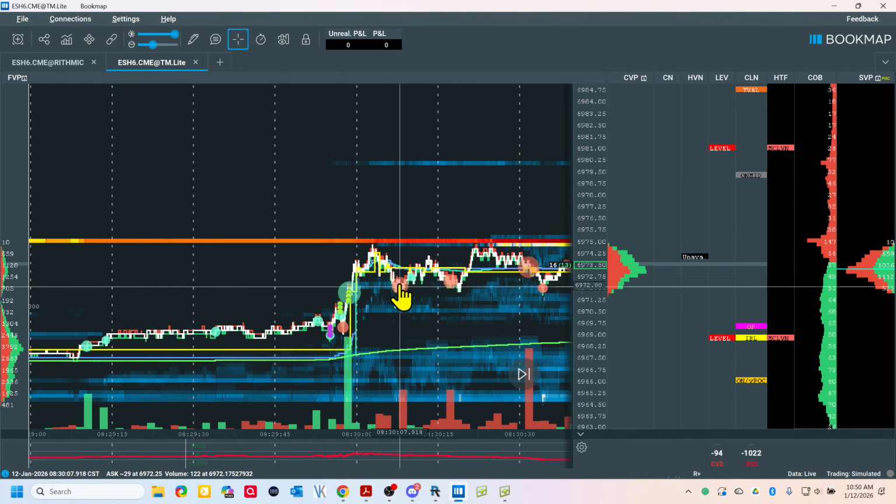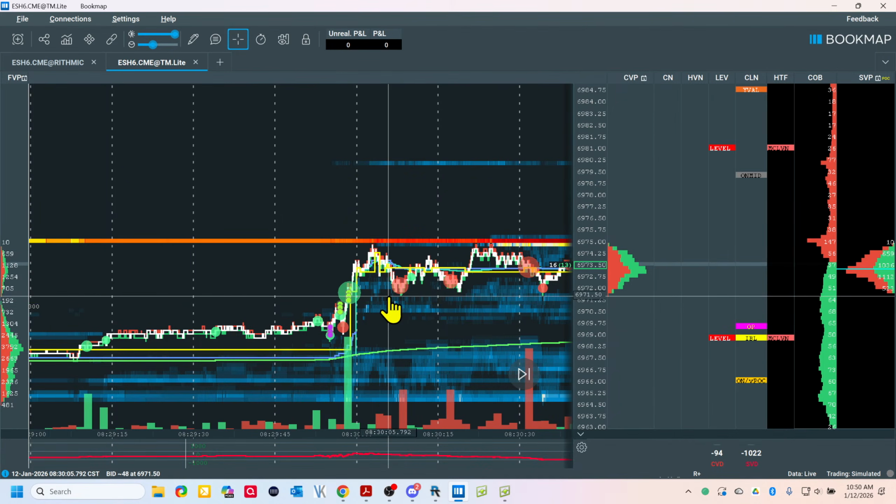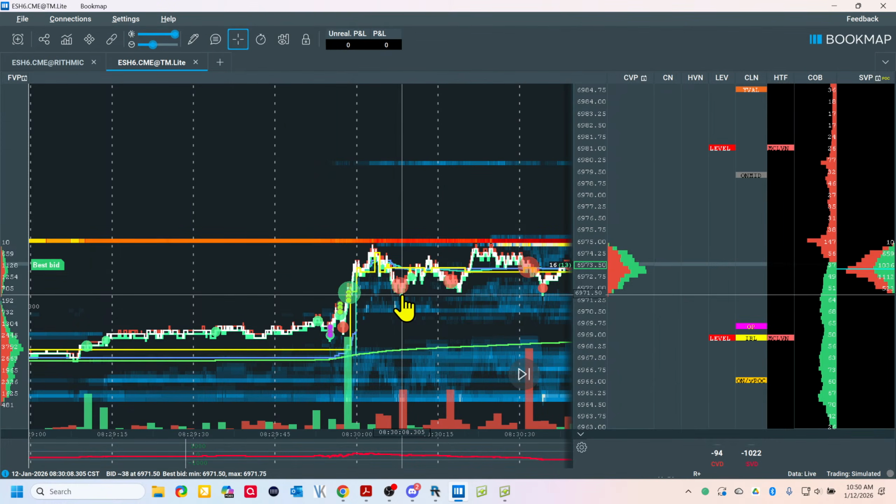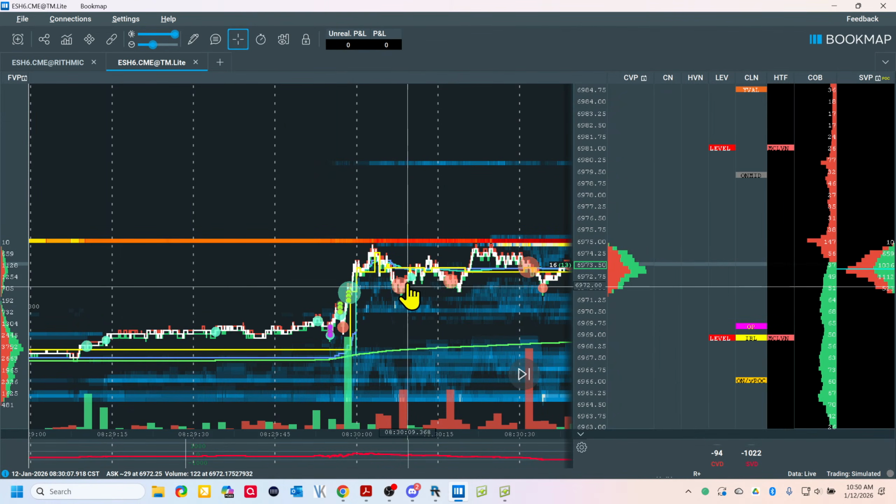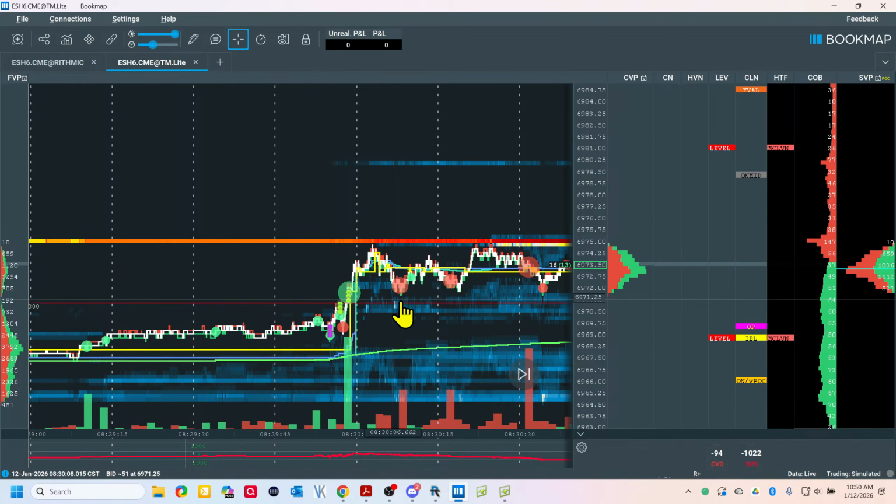Now, the red bubble is delta. Those are aggressors, and that could be sell stops or market orders. Don't know, not important. What is important is what happens here. If I have sellers here and the market doesn't go down, here's what's going on in delta, and that is buyers are here absorbing this.